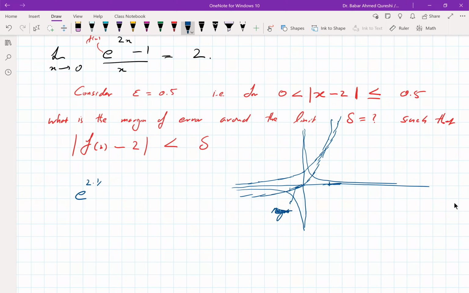So 1 over 2, 0.5 is 1 over 2 minus 1 over 0.5. So if I compute it on the calculator, which I'm doing right now on my other computer, then this gives me a value of 3.44.